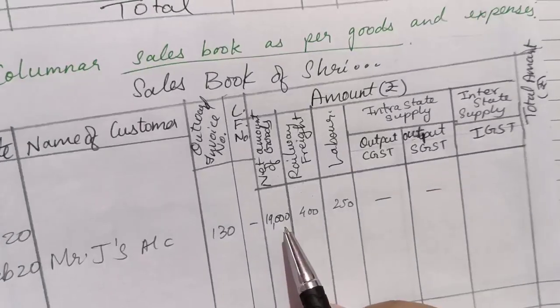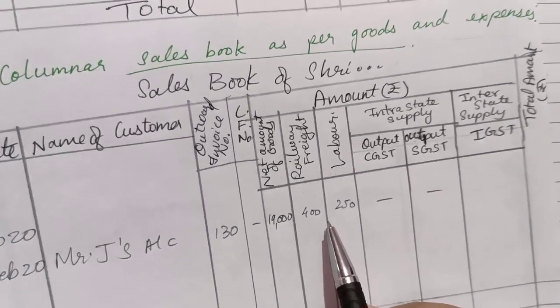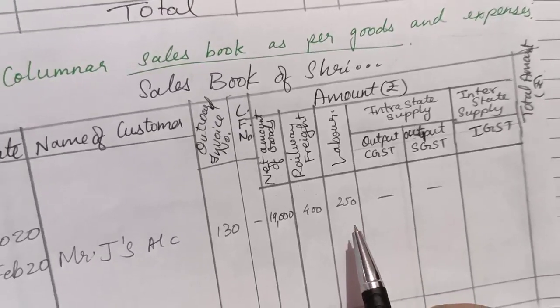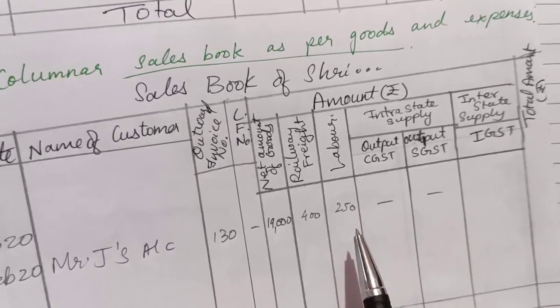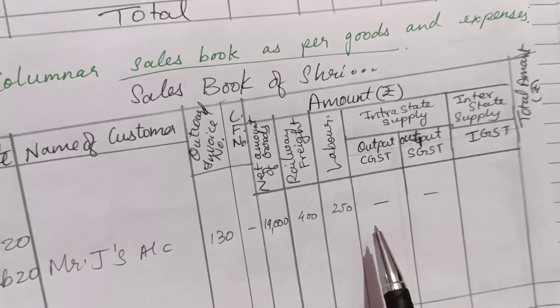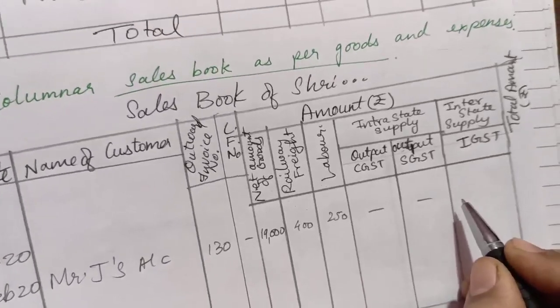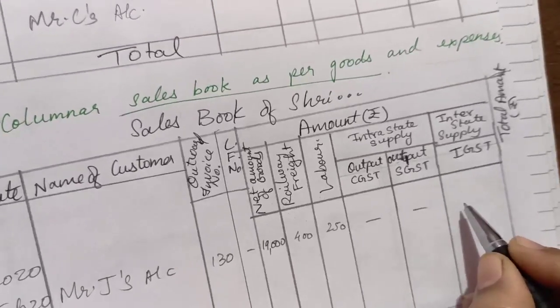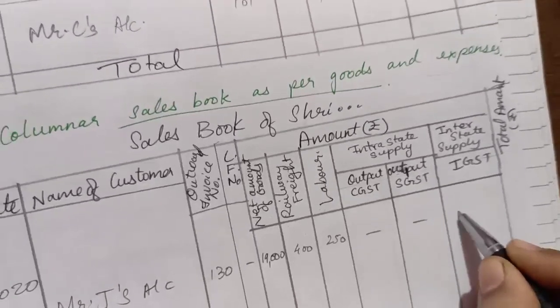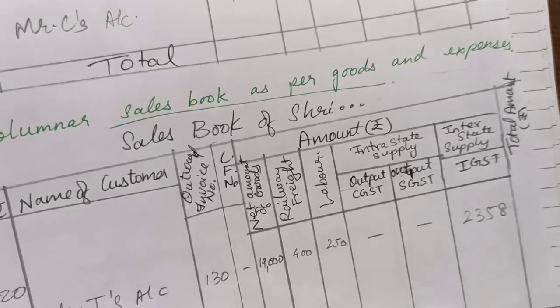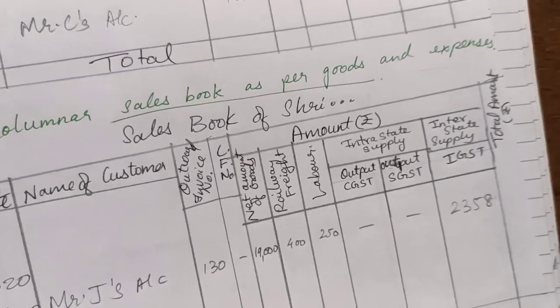So the total of 19,000 plus 400 plus 250 is 19,650 rupees. And on that, we have to calculate 12%. So it comes to around 2,358 rupees. Yes, 2,358 rupees of IGST is to be calculated.